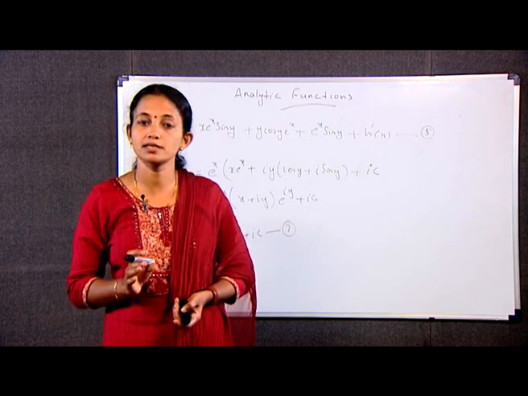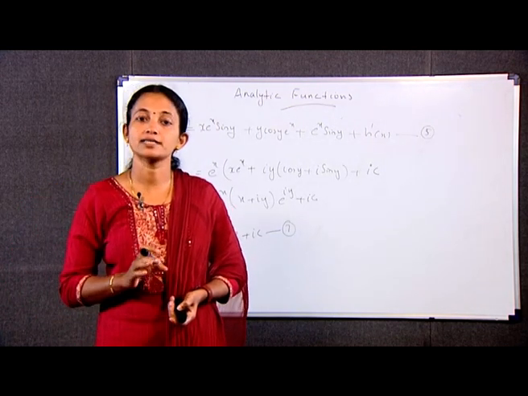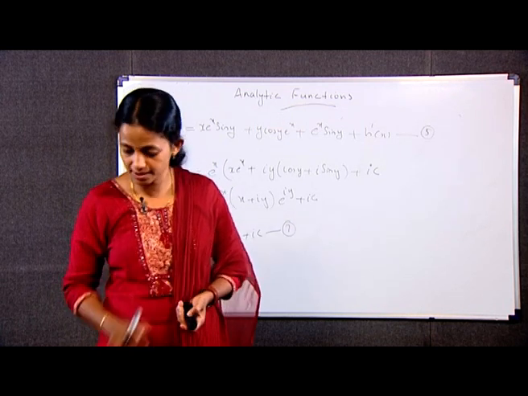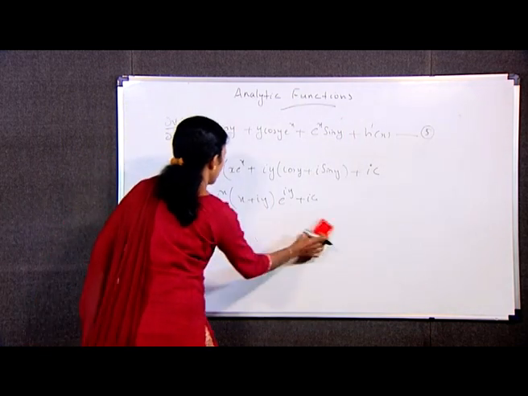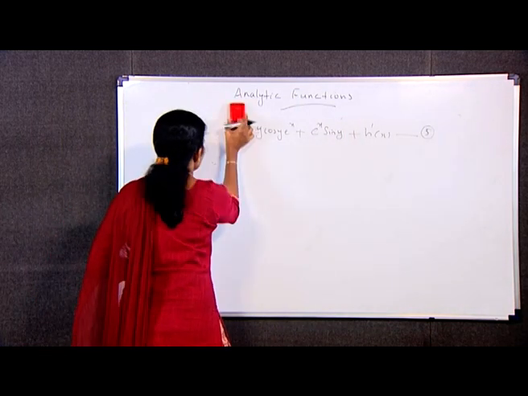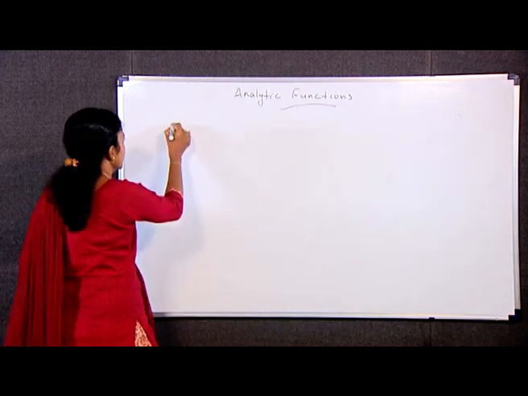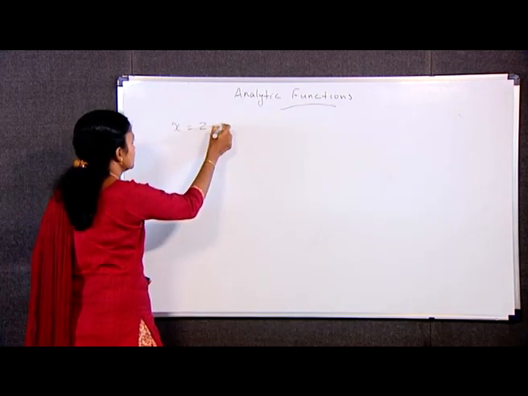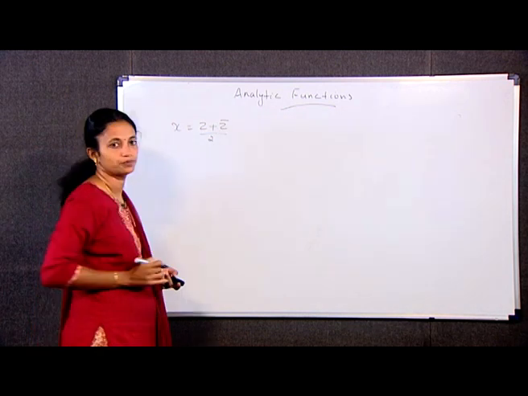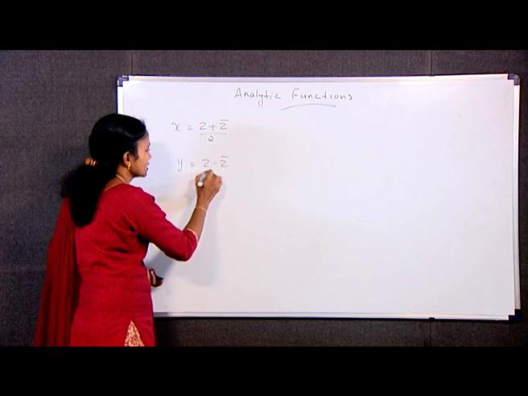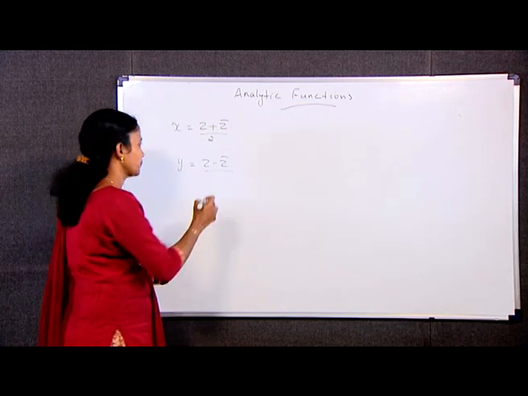For that, let z is equal to x plus iy and z̄ is equal to x minus iy. Therefore, x is equal to (z plus z̄)/2 and also y is equal to (z minus z̄)/2i.